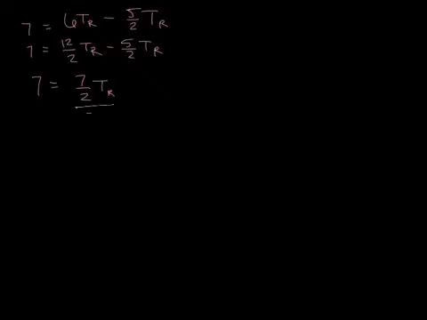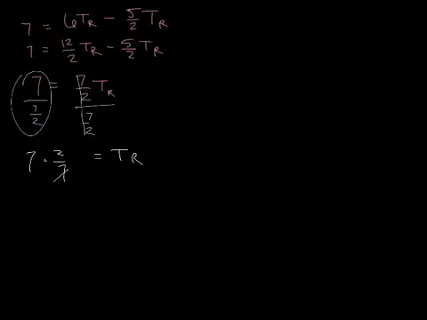Next step would be to divide by 7/2 so that those go away. 7 divided by 7/2 is the same thing as 7 times 2/7. Invert the denominator and multiply. Cancel my 7's. And the time that Robin Hood and the sheriff were both on the road was 2 hours. Okay, so that's it for lesson 34.